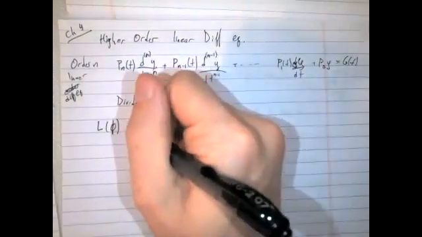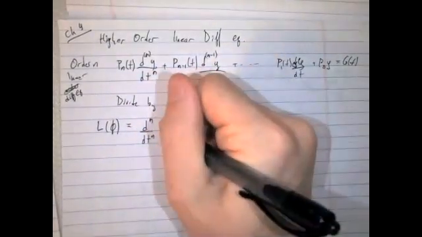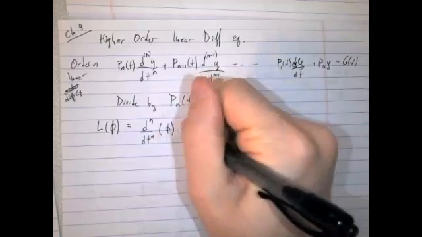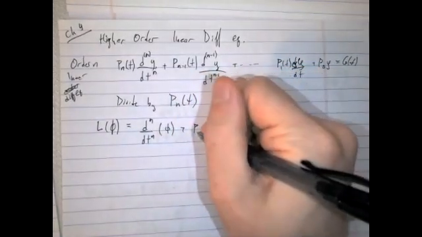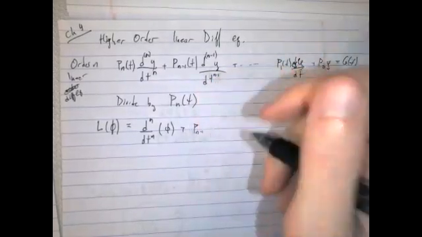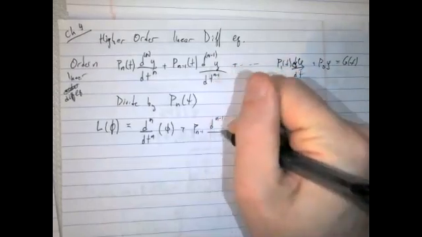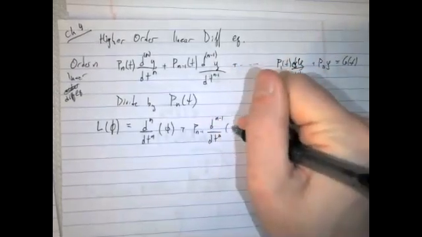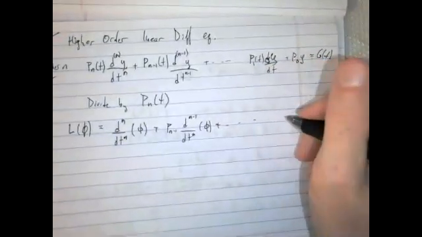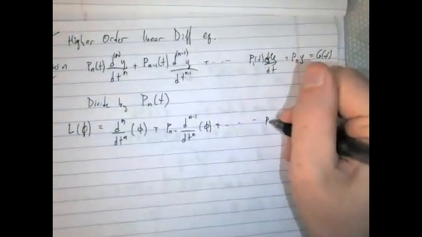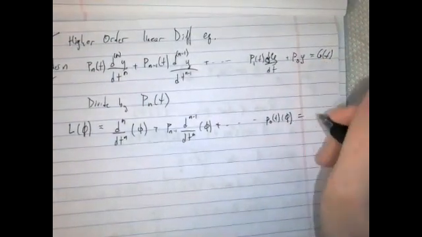L of phi should be equal to d to the n over dt to the n of phi, plus, now I'll write with lowercase p, p n minus 1 times d to the n minus 1 over dt to the n minus 1 of phi, plus all the way down to p0 of t times phi being equal to g of t.